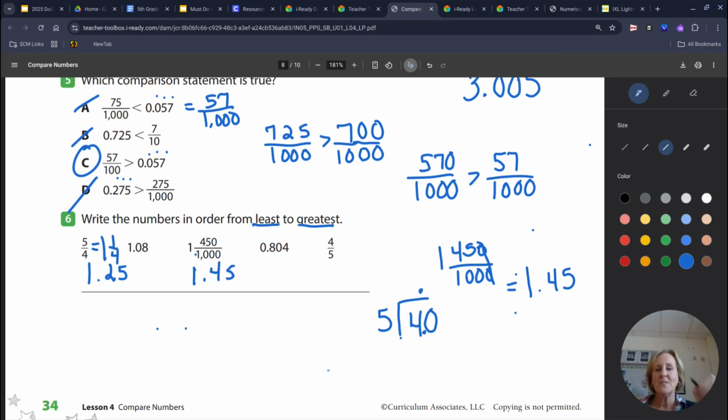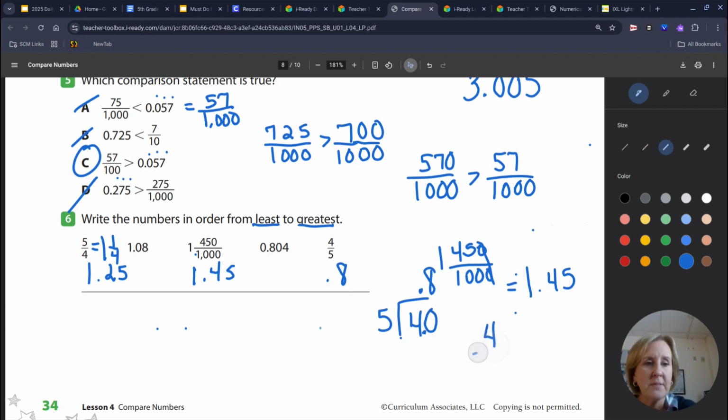But by adding the 0 and asking myself how many groups of 5 I can pull out of 40, the answer is 8. Those numbers work, and all of a sudden I have a decimal of 8/10, because 4/5 is equivalent to 8/10. How cool is that? Now, that's one way.